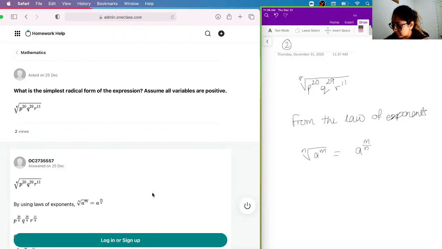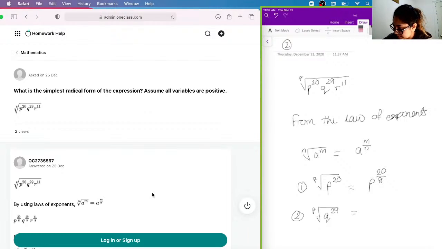And so what we can do here is separate each of the variables. So for step number 1, we can say the 8th root of p to the 20, and we can simplify this as p to the 20 over 8. Then the next variable would be q, and we have the 8th root of q to the 29.